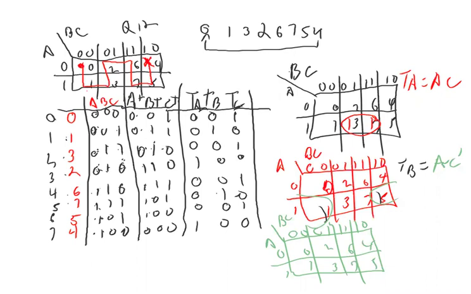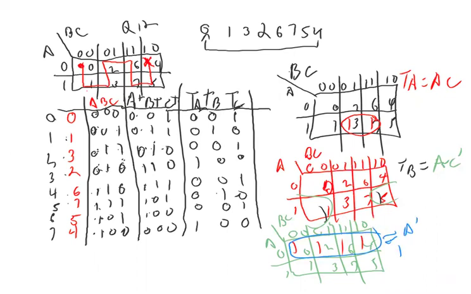And that's going to be a 1 for, looks like 0, 2, 4, and 6. And so that's going to give me a single loop that's equal to A prime.